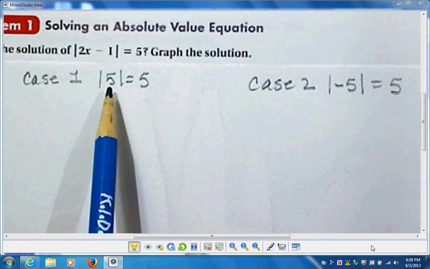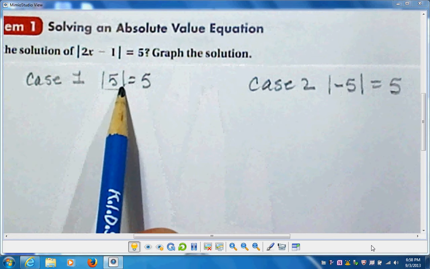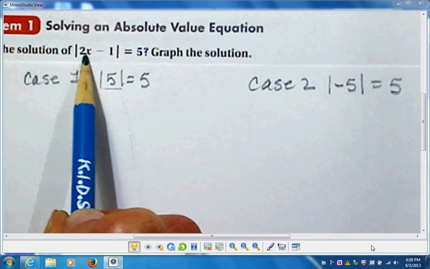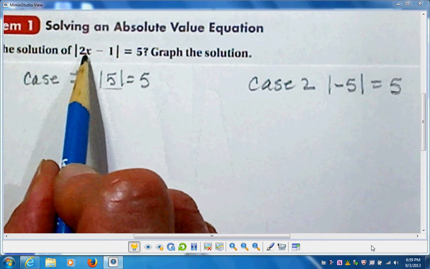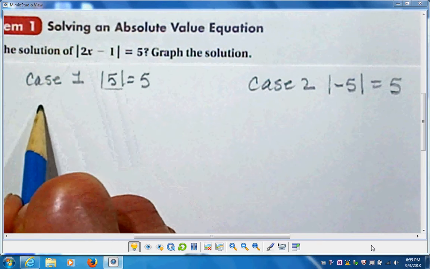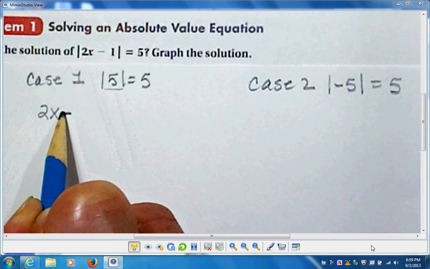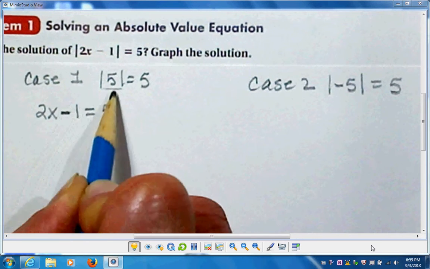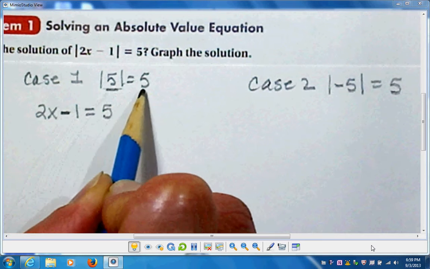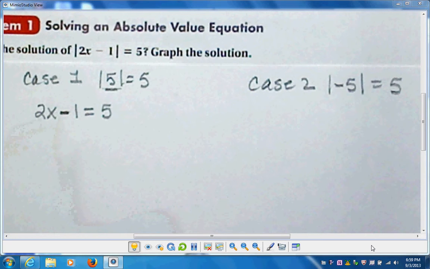So notice that this is inside the absolute value and this is inside the absolute value. So case 1 is going to be, I'm going to take what's inside the absolute value, 2x minus 1, and that's going to equal 5, because that was the value I said equaled 5 straight up.